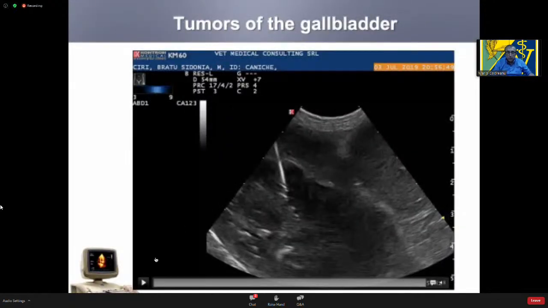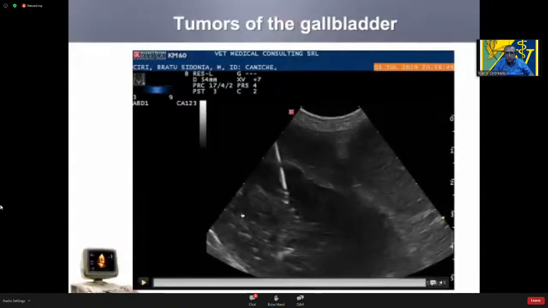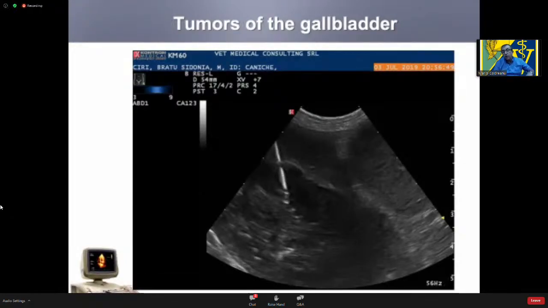As you can see in our patient, we performed ultrasound-guided puncturing of this mass from the gallbladder wall in order to have a specific cytopathological exam. We performed this echo-guided puncture.